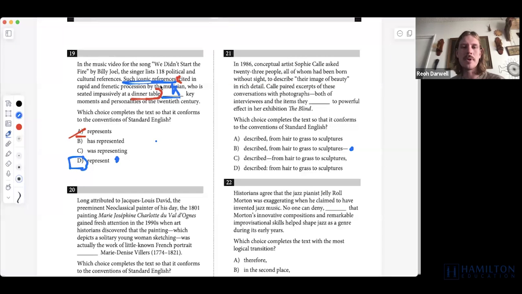They try to make it unclear by putting all this information in between. But once we see that we're conjugating it to references, we see that's plural. The only one that's plural here is represent. B would need to be have represented. C would need to be were representing. Even though they have other problems, that's why represent is best.